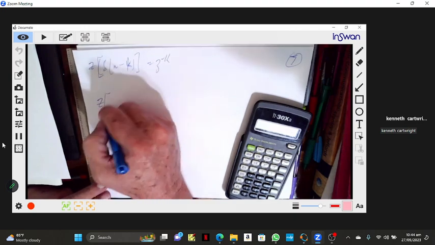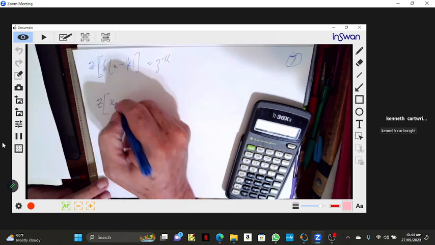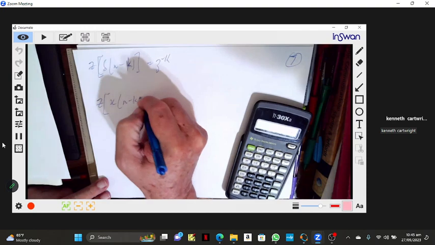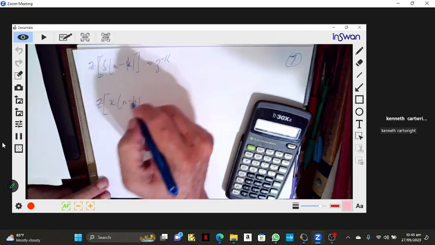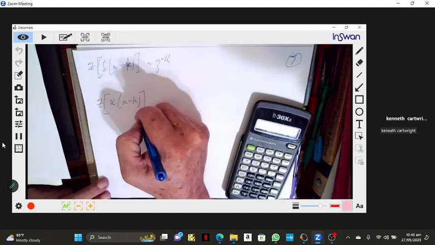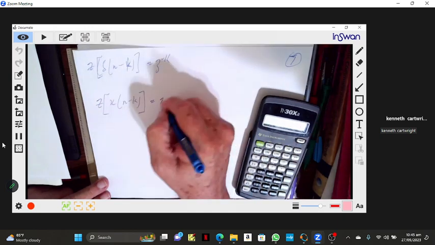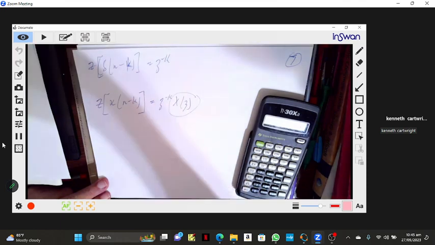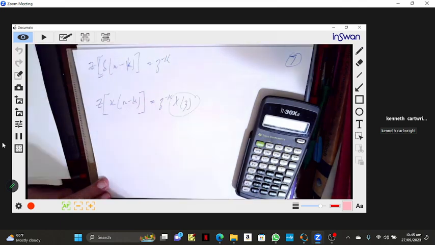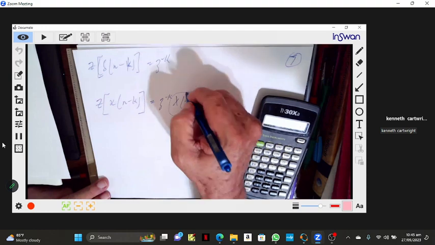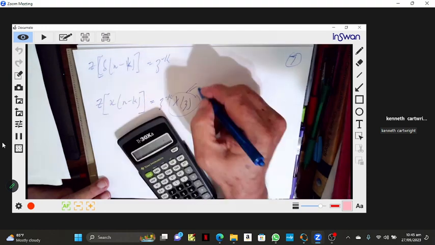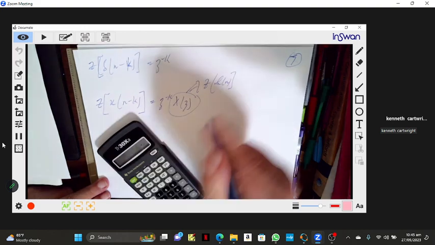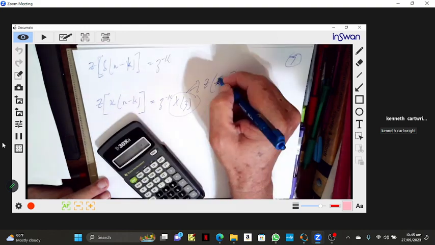Z of x of n minus k. We delay an input by k. Then what's the output? What's the Z transform going to be? z to the negative k times X of z, where this X of z is the Z transform of the undelayed. This X of z is simply the Z transform of x of n.